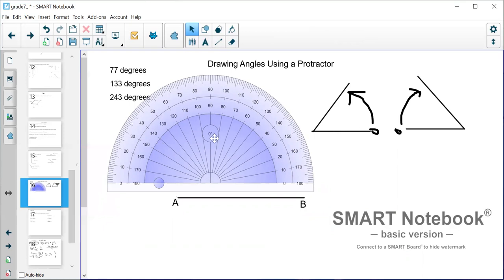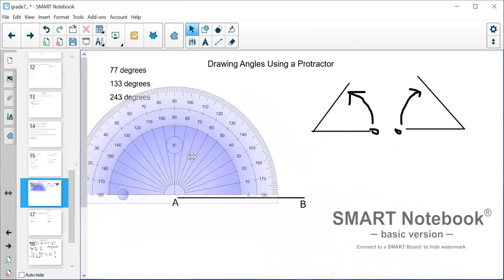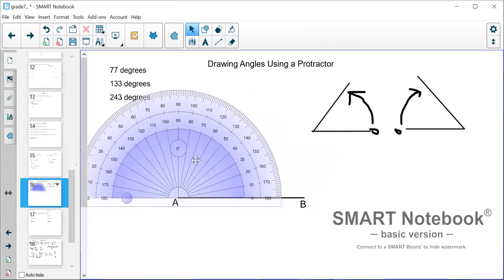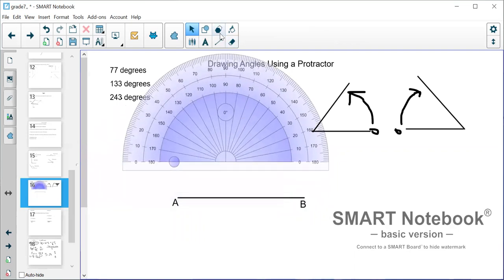Another important point to note is that you must place the center of the protractor at A. The center of the protractor is the part where the 90-degree line comes down and meets the 180-degree line, which is the baseline.